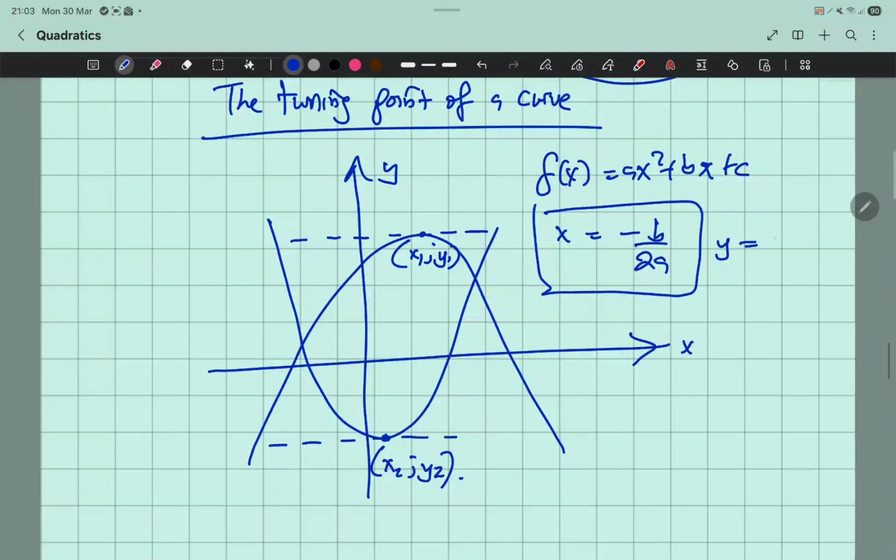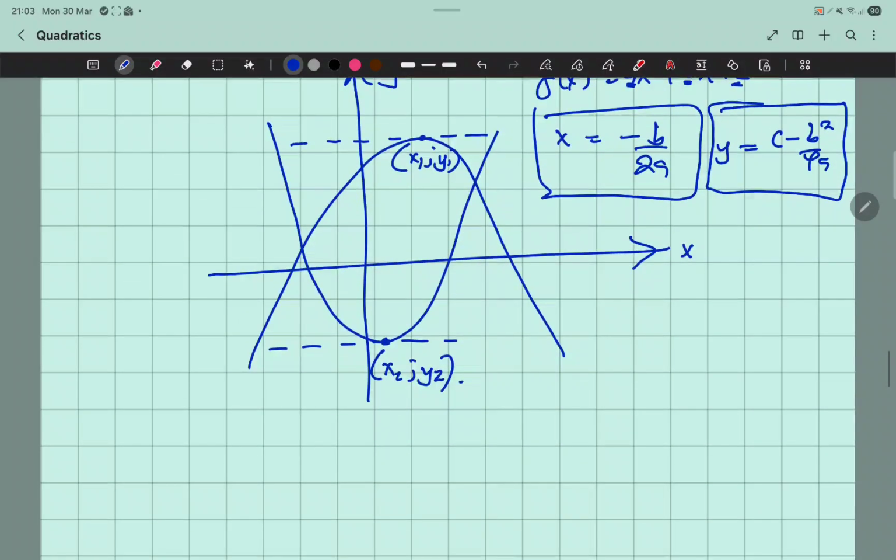Then the y coordinate is found by c minus b squared over 4a. Our a is the coefficient of x squared, our b is the coefficient of x, our c is our constant. So you are able to find the turning point of any quadratic function.